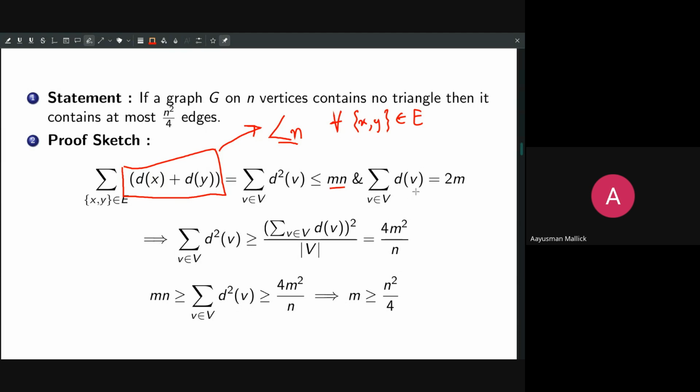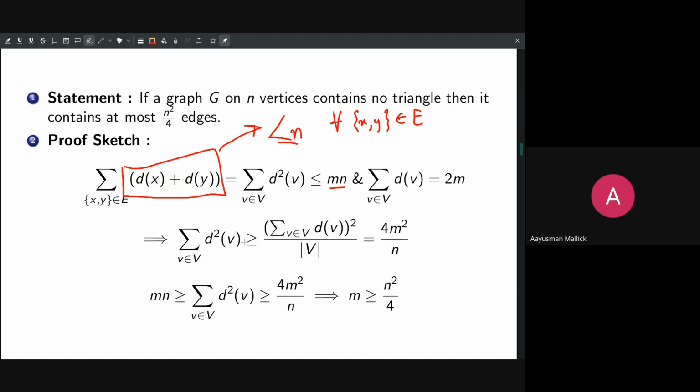And also, if we take the summation of degrees of all the vertices, each of the edges is double counted, first for x and then for y. So the summation over all vertices of the degree is twice the number of edges.